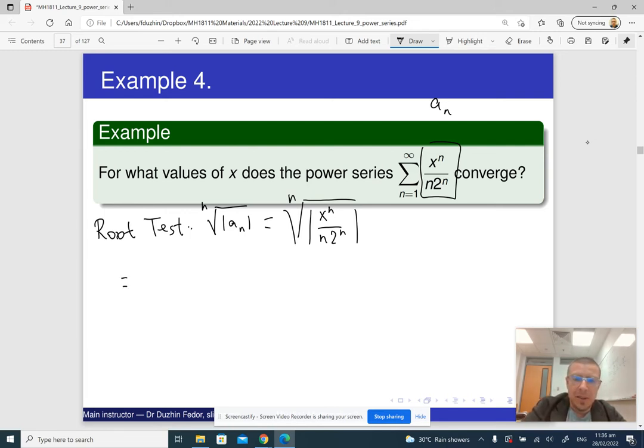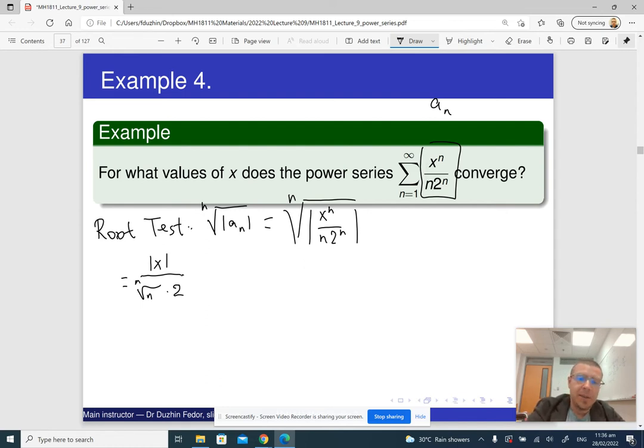So what do I get here? The nth root of x raised to the power n is just x, right? Well, absolute value of x, divided by the nth root of n times the nth root of 2^n, which is just 2.